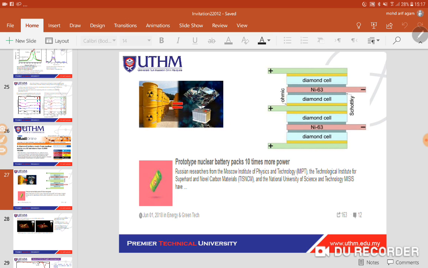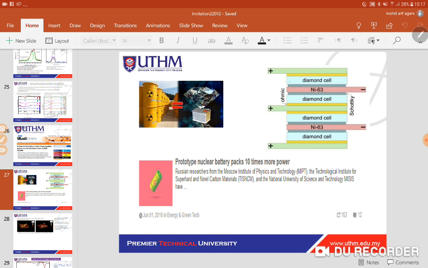Now here, on June 1st, 2018, the Russians already created this type of battery, and they reported it at 10 times more power. Imagine that.